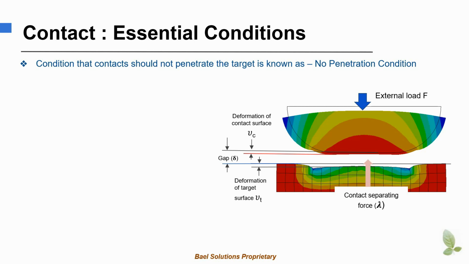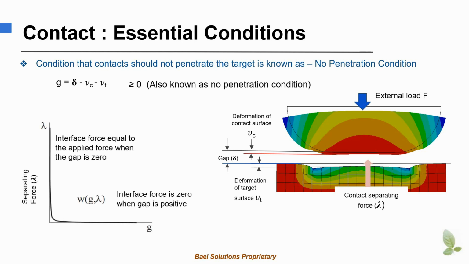Now, we can write the gap, or a penetration, between the contact and the target surface as G equals delta minus nu C minus nu T. When the gap G equals 0, the contact will be closed. To ensure that there is no penetration, contact gap G should be greater than or equal to 0.